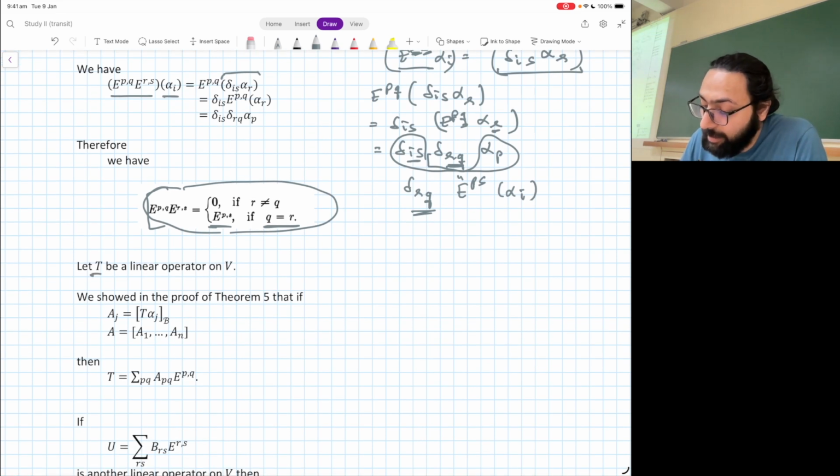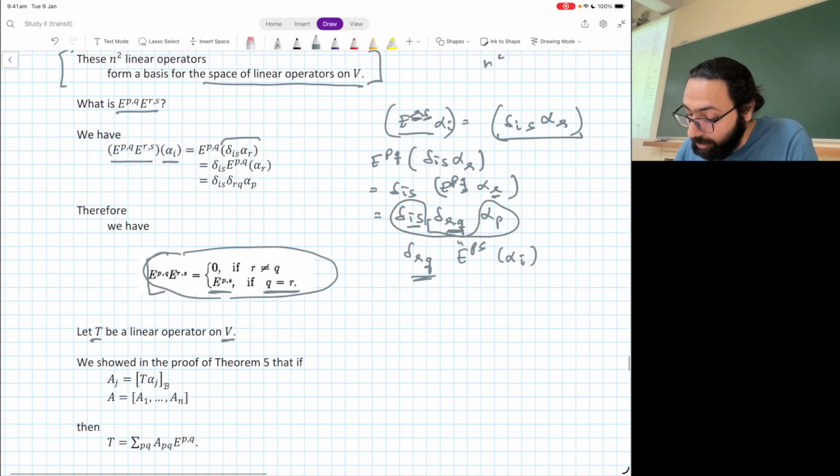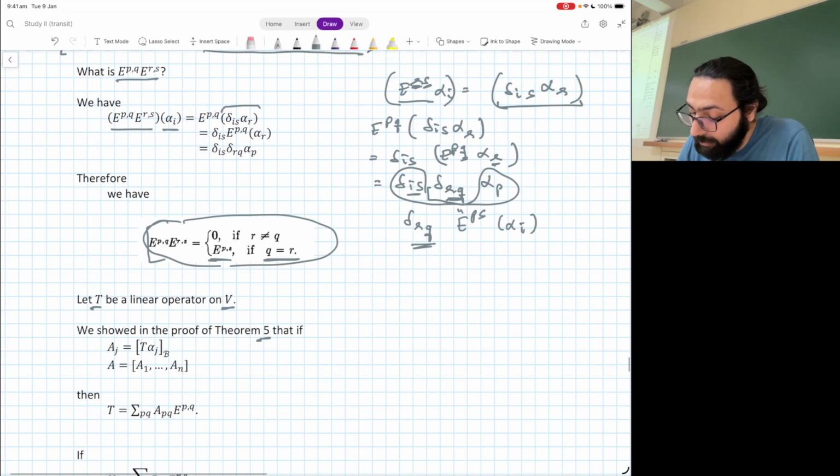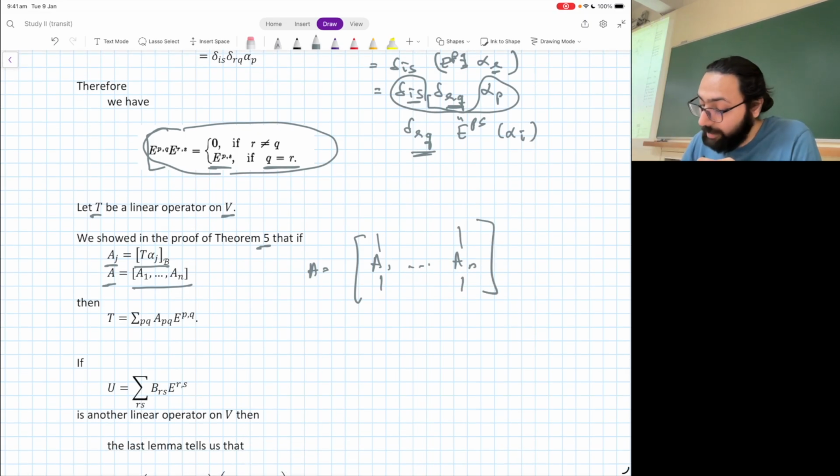Then let T be a linear operator on V. Now we showed in the proof of theorem 5 that if Aj is written as the coordinates of the vector T alpha j in the ordered basis beta, and we define A equals the matrix using these coordinates, then the transformation T can be written as a linear combination of EPQs.